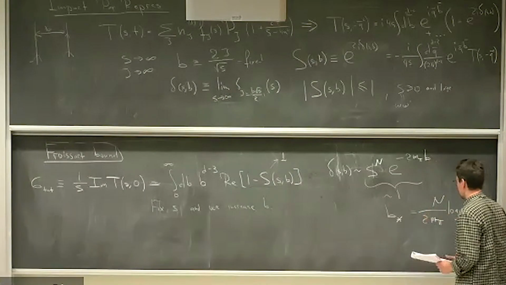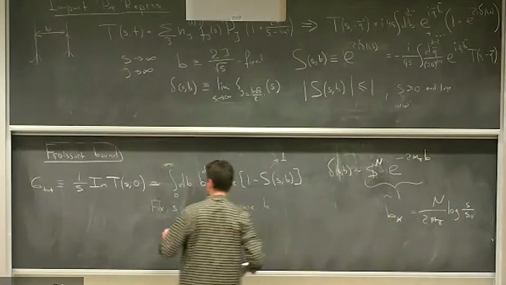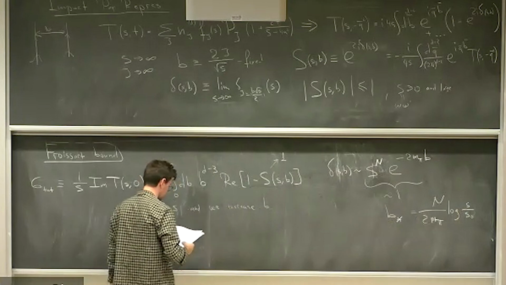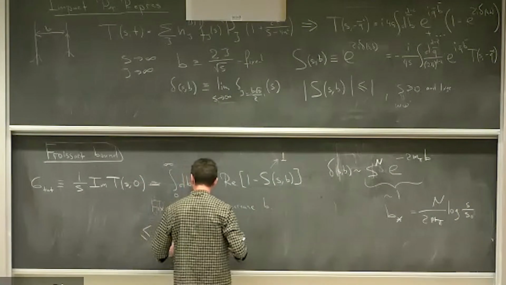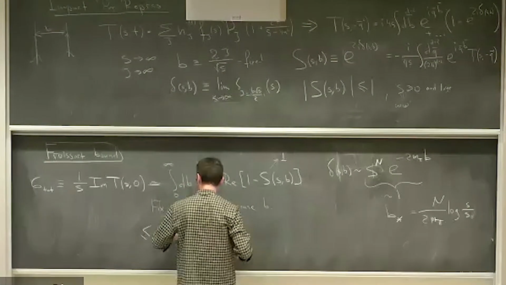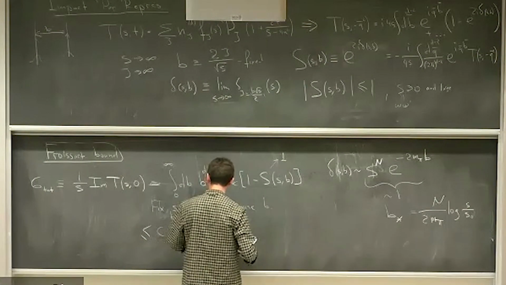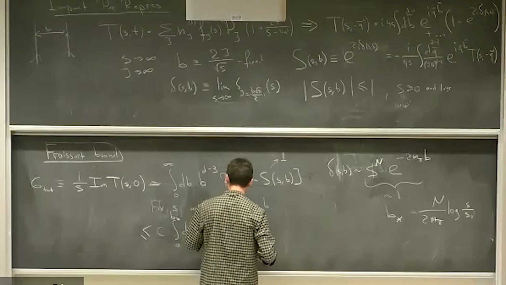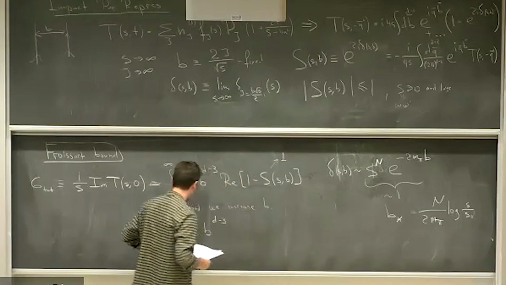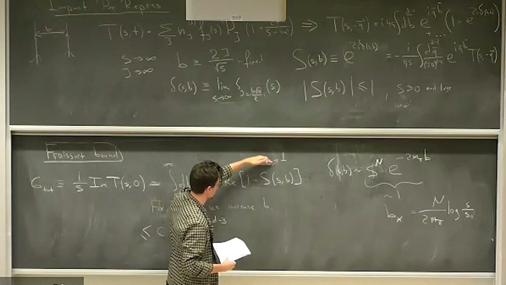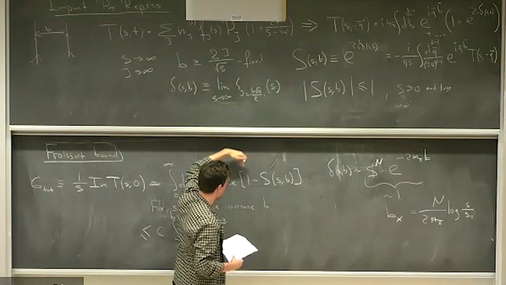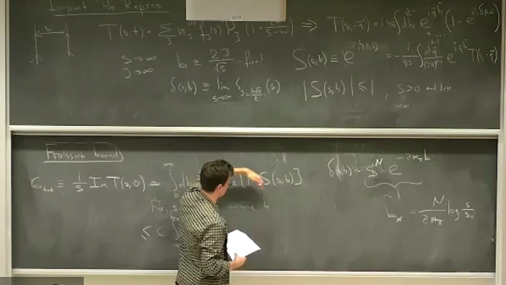So therefore, effectively this integral is bounded by some constant, like here we put b star, b minus 3. Here I use the fact that this object is bounded by 1 by unitarity. So at long impact parameters, this is bounded by 2.